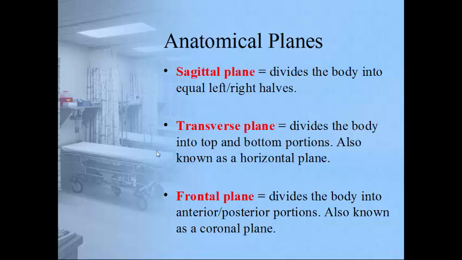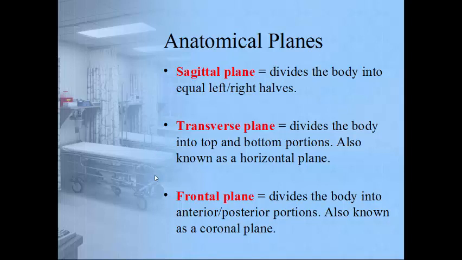The next one, the transverse plane, is also known as the horizontal plane. This will divide the body into equal top and bottom parts. So think of this as where your belt is. You have the body part above the belt and body part below the belt. That'd be cut by the transverse plane.